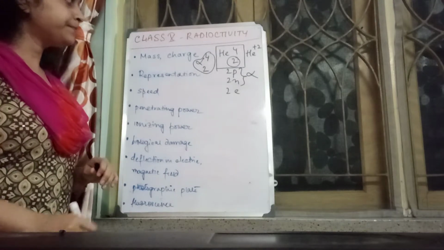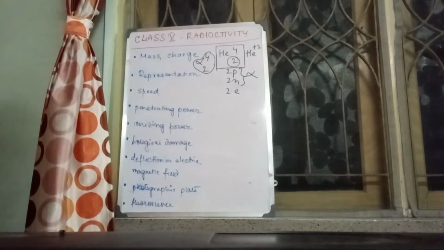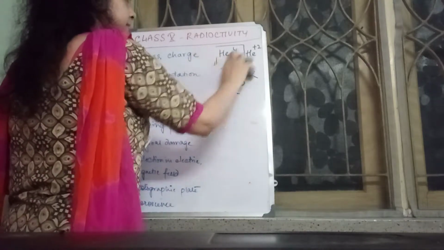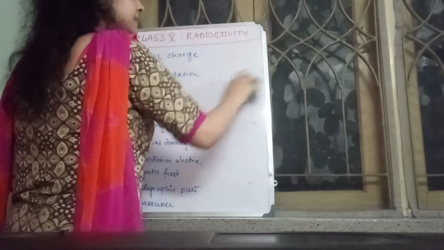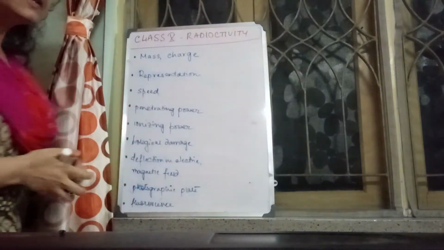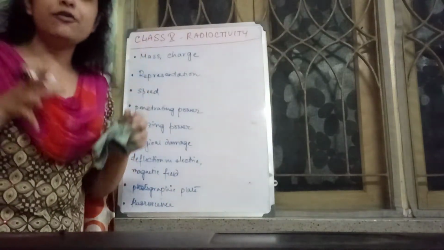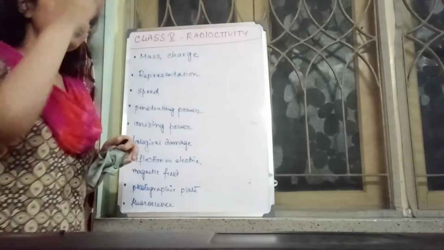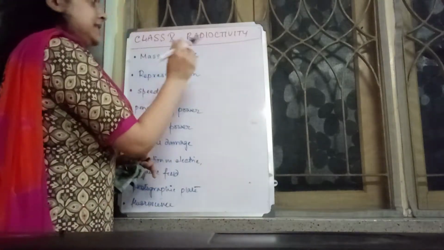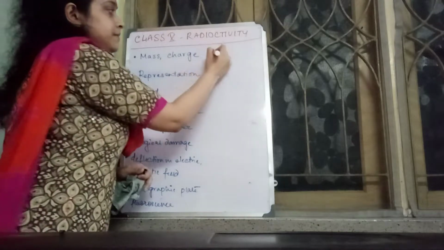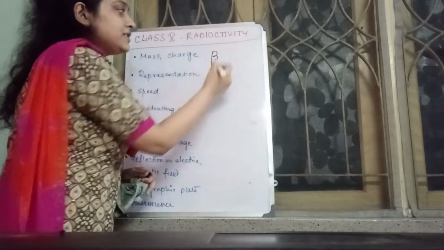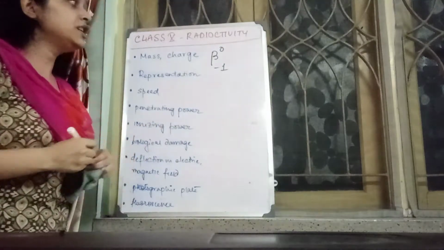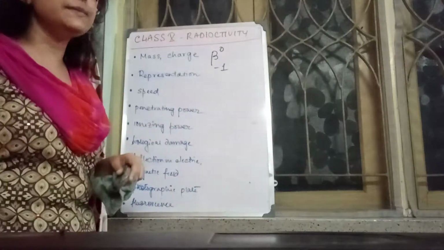What about beta? A stream of alpha particles constitutes alpha rays, I have told you. Beta particles are actually electrons emitted from the nucleus. So how is it possible?